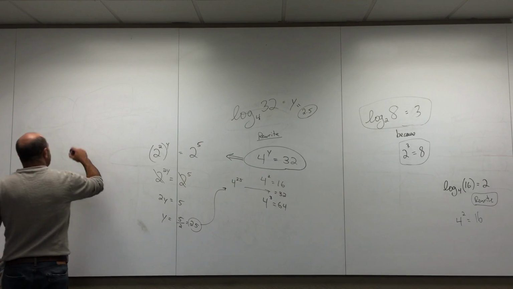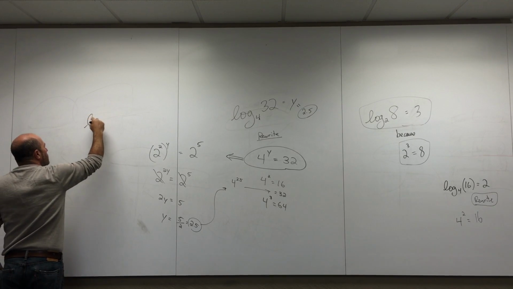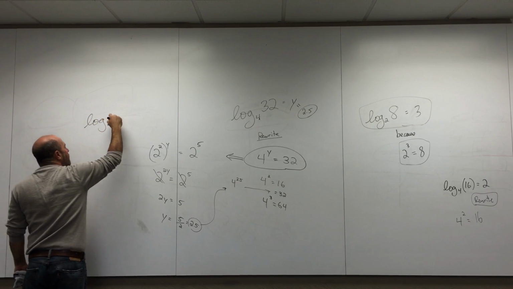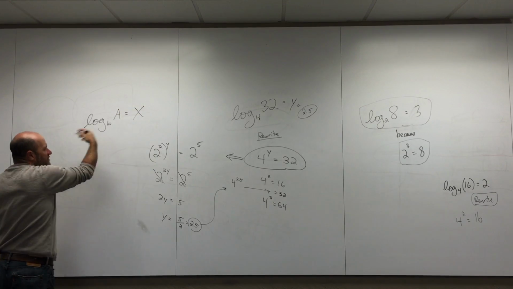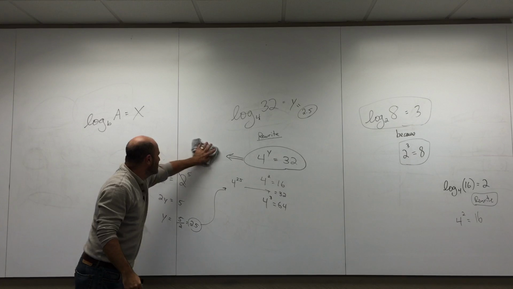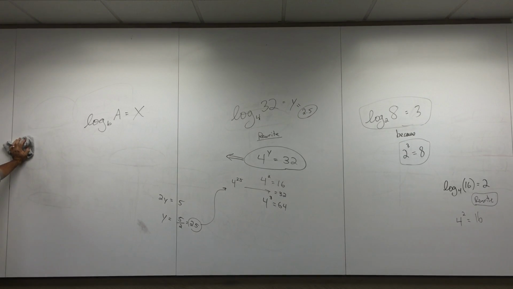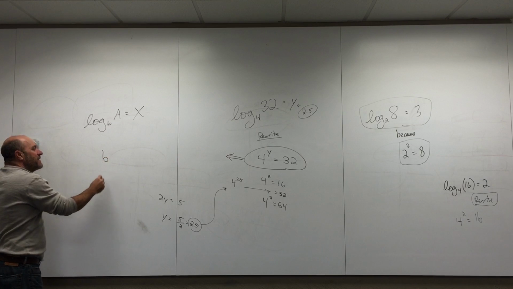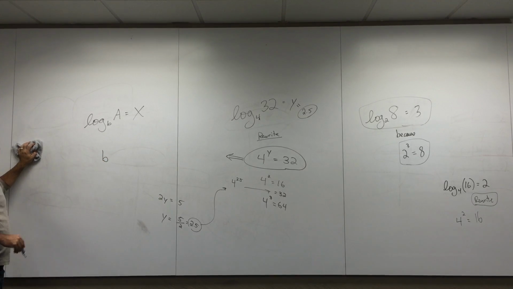Like I said, log base b of a equals x. This is strange, but can you rewrite this logarithm? How do you start? Who's the base? The b is the base. Who's the exponent?